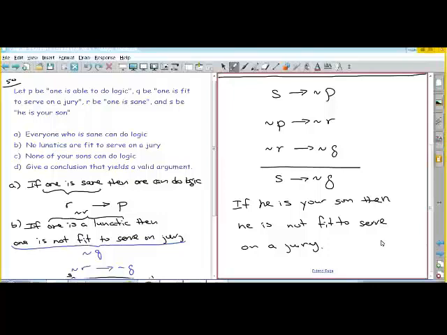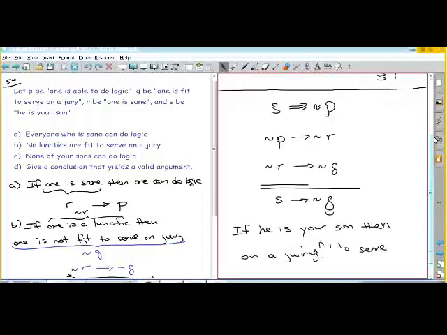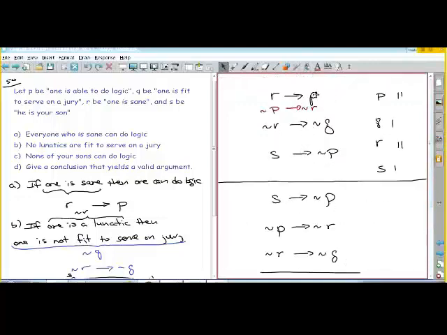So again, let's review what we did here. We took the three premises, first made them into if-then statements. Then we replaced them with symbolic logic. We took the three premises, which weren't in the correct order to allow us to use the property of transitivity, and we decided to make the first statement.